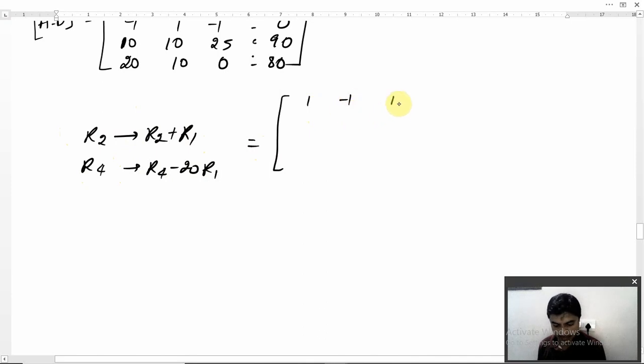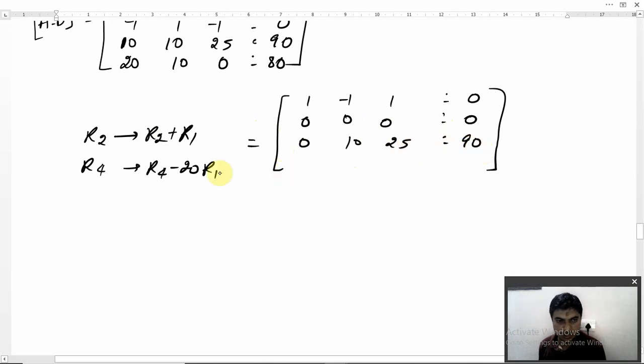So here I simplify this, friends. 1, minus 1, 1. First row no change, keep it as it is. Second row R2 plus R1, I am getting here 0, 0, 0, and this is 0. R3 no change, so I am going to keep this 0, 10, 25, and 90 as it is. R4 I have made this as 0. Simultaneously here this will be 30, minus 20, and this is 80.